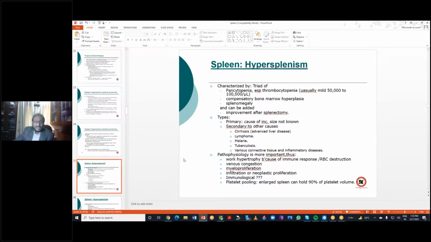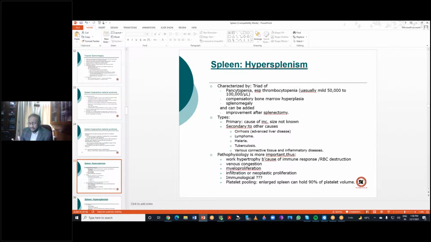Just two terms, hypersplenism and hyposplenism, and then we finish for the day. We'll talk about the rest later. Hypersplenism is characterized by the triad of pancytopenia, especially thrombocytopenia, usually 50,000 to 1 lakh per microliter, compensatory bone marrow hyperplasia, and splenomegaly. Remember, the triad of hypersplenism has got 3 things to it.